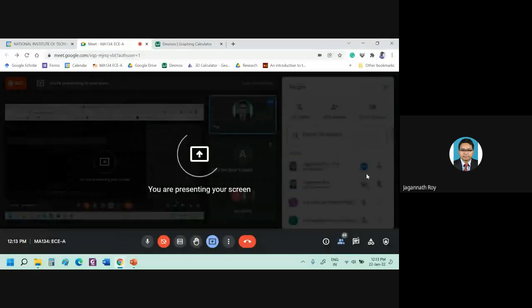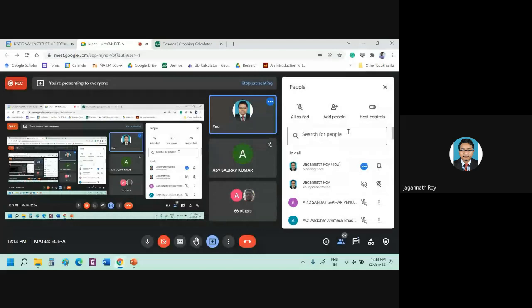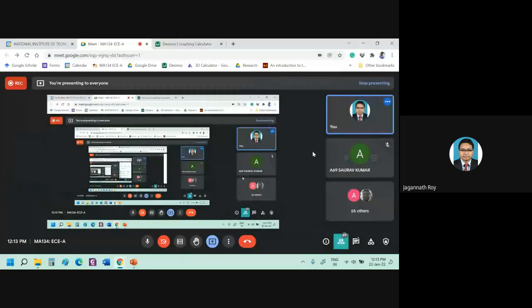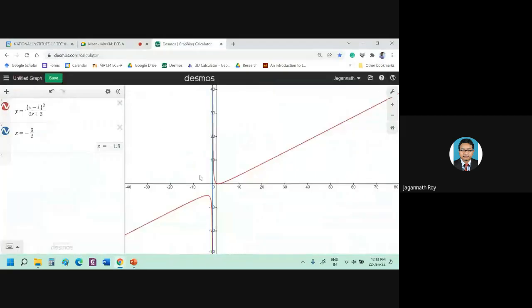Then we'll come back again. So here it is. This is our given function, and x equals to minus 3 by 2.